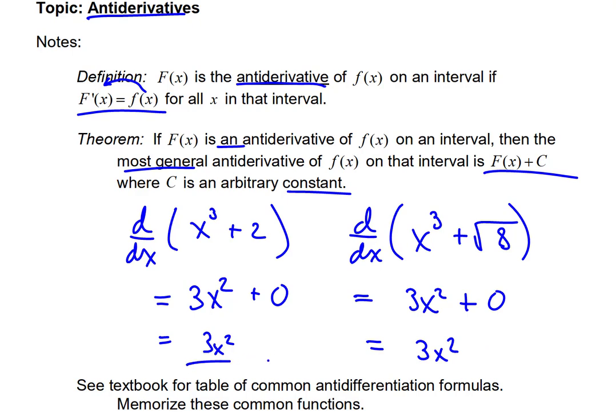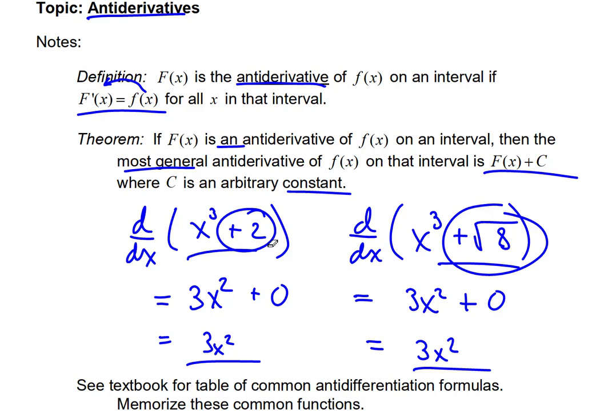Now notice, we're getting the exact same derivative, but it came from two different functions. They weren't that different, they simply had different constants. There was a plus 2 and then a plus square root of 8. The point is that those two different functions, when taking the derivative, produced the same result, this 3x squared, because when you take the derivative of a constant term, no matter what that constant is, it turns to 0, and that's why it doesn't even show up in the derivative.